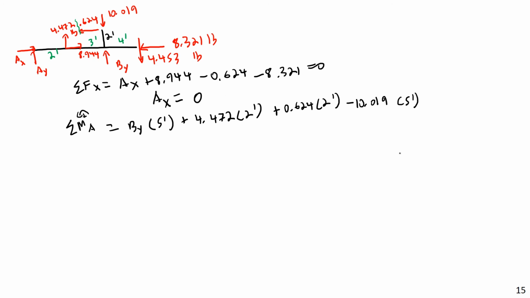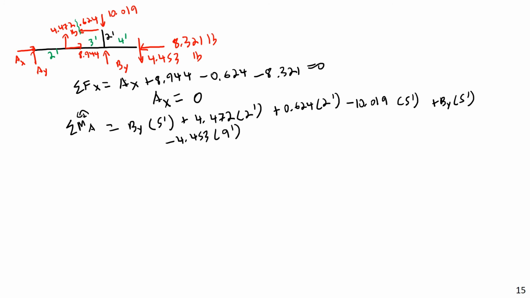Plus BY times moment arm length of 5 feet. And then finally, minus 4.453 pounds times a moment arm length of 9 feet.